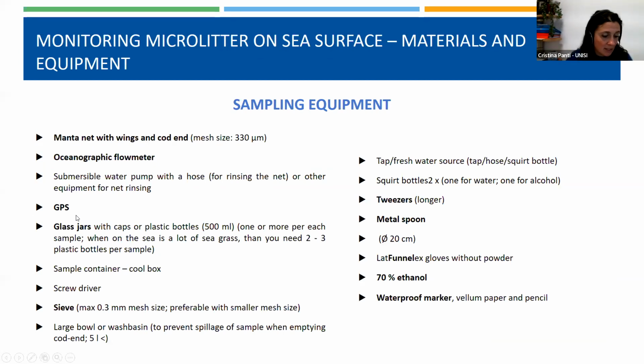One very important object is the GPS, and you can also retrieve the coordinates from the GPS of the boat, if the boat has one. Glass jars, several other equipment materials, but also sieves are very important, tweezers, a metal spoon to collect all the samples from the sieves, and ethanol to preserve the samples, and the waterproof markers, of course, to label the samples.